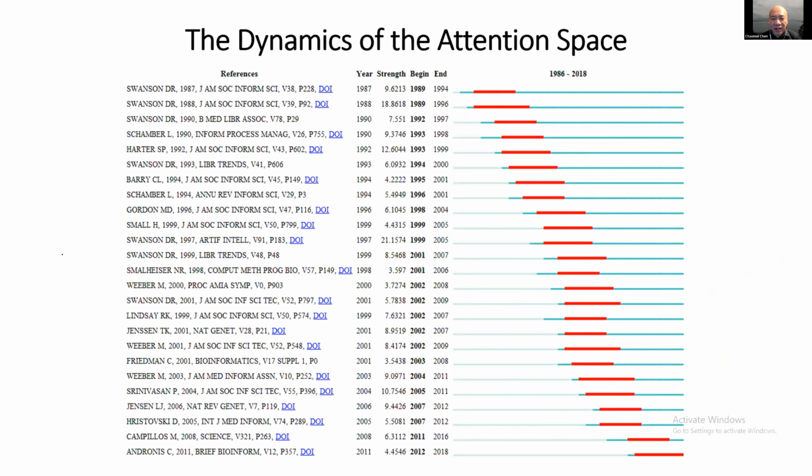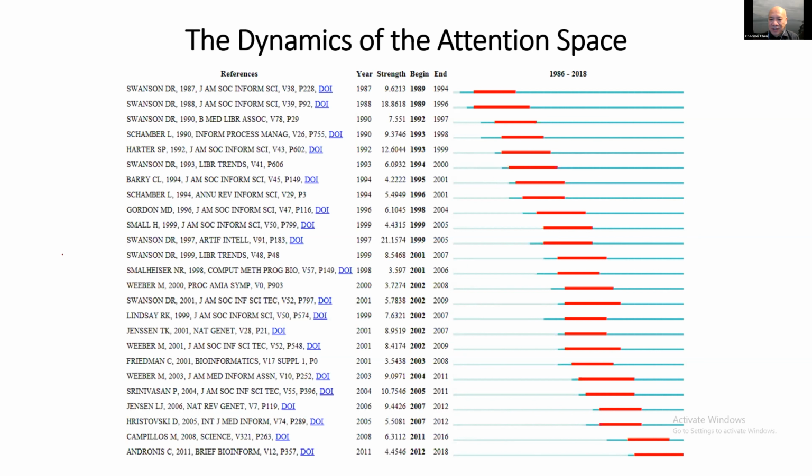So one thing I would like to start from here is that we notice the red bars here, they are the citation bursts, the periods where suddenly they get lots of citations. But then the trend is clear that the focus, or the papers that get highly cited, shift over time. So this we'll call the attention space.